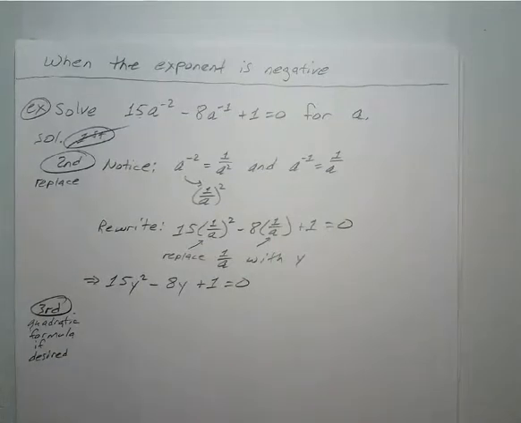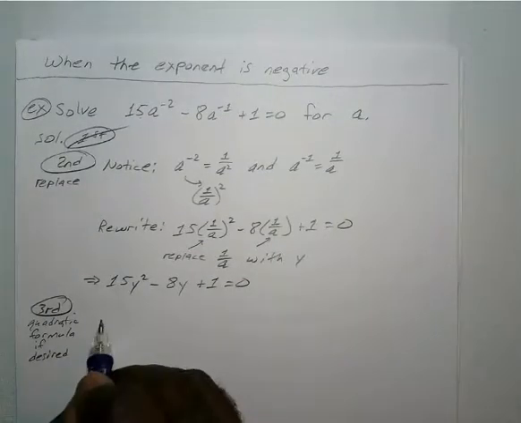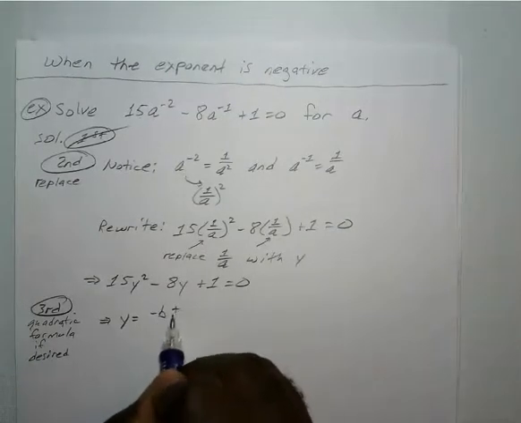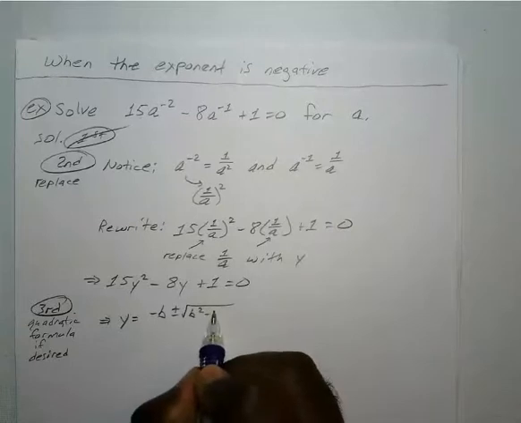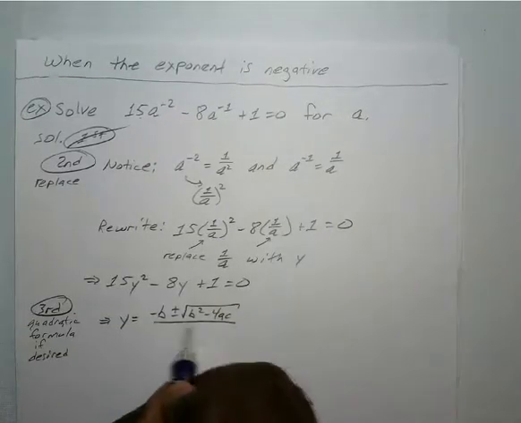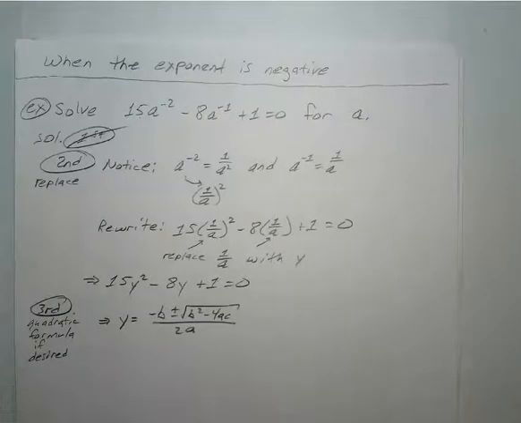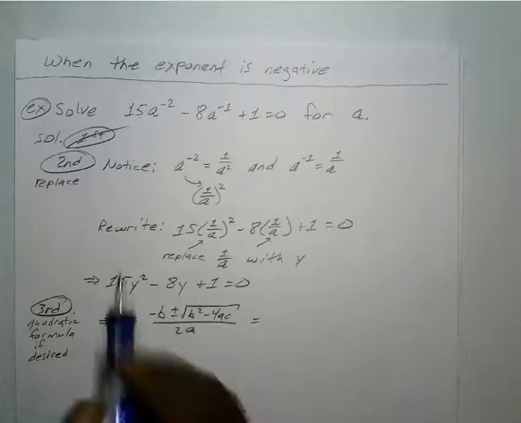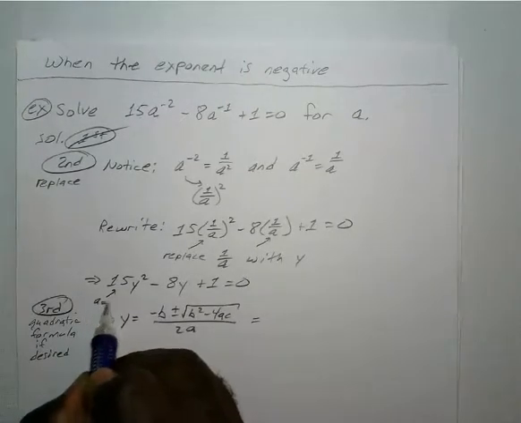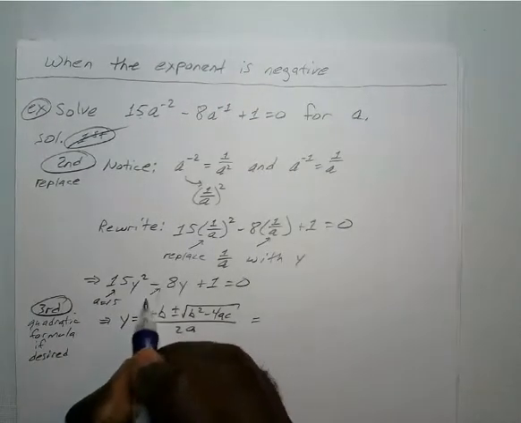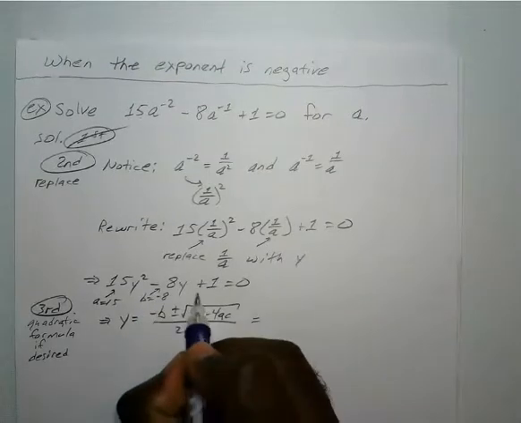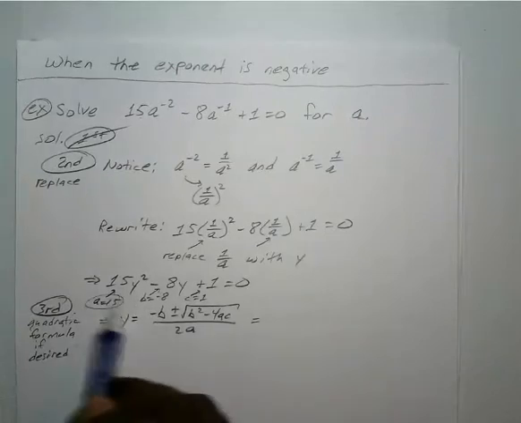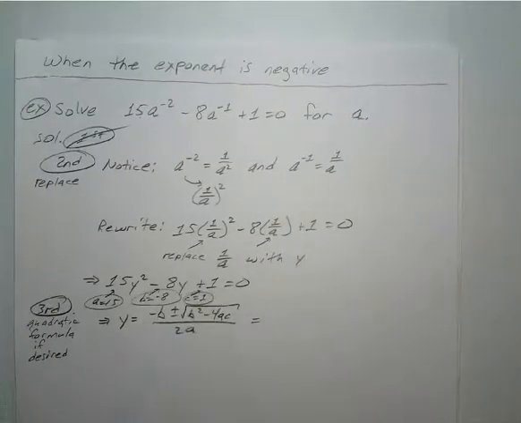So we have y equals negative b plus or minus the square root of b squared minus 4ac, all over 2a. Remember, a is equal to 15, b is equal to negative 8, and c is equal to 1.